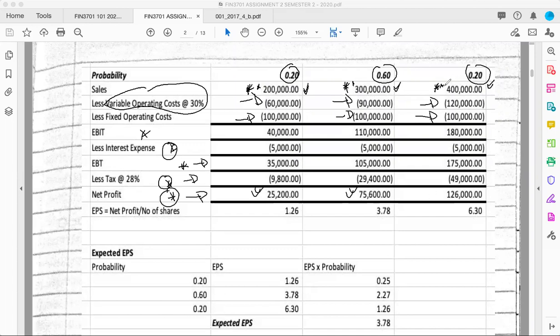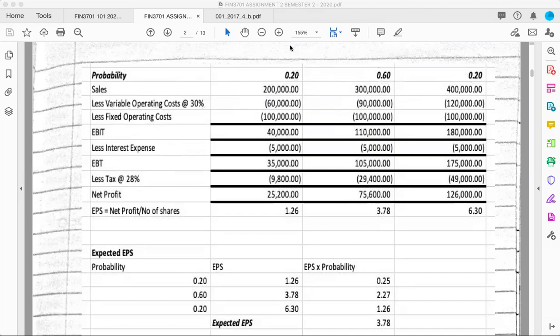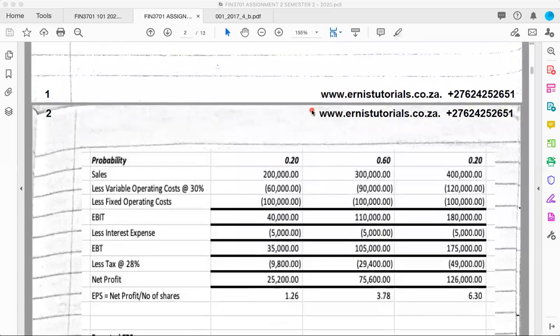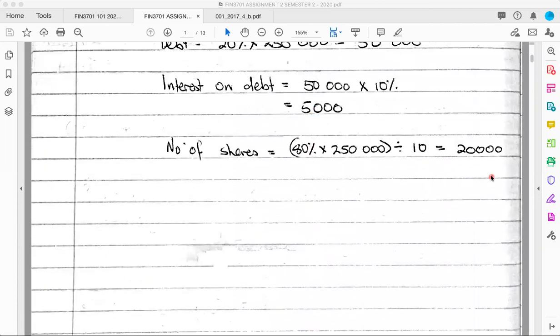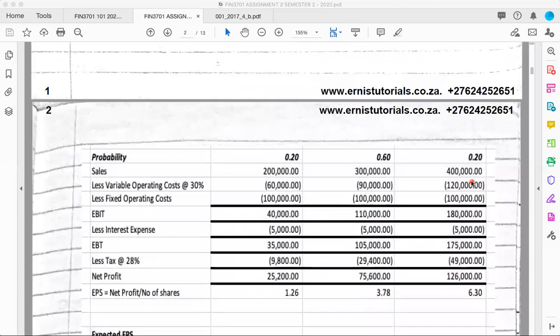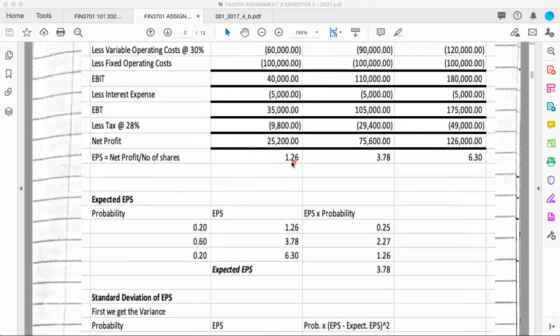Net profit under 20% when our sales are 400,000, giving us 126,000. And then we divide this net profit by the number of shares. Remember, we calculated the number of shares right here, which is now 20,000. Those are the new number of shares outstanding, and we get 1.26, 3.78, and 6.30.